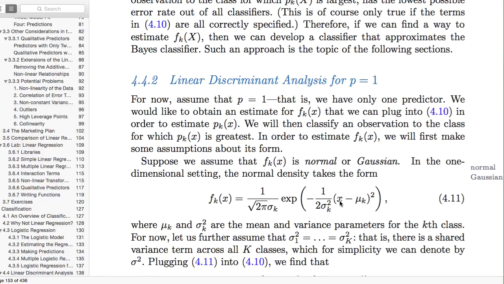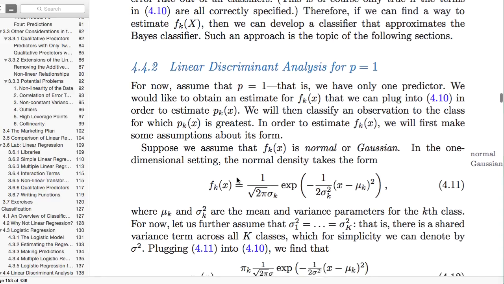And here's our particular value of x. Here's the mean for the kth class, the variance for the kth class, the standard deviation for the kth class. And this is a function that can be difficult to work with. So this is a function that we're typically going to have R work with for us.